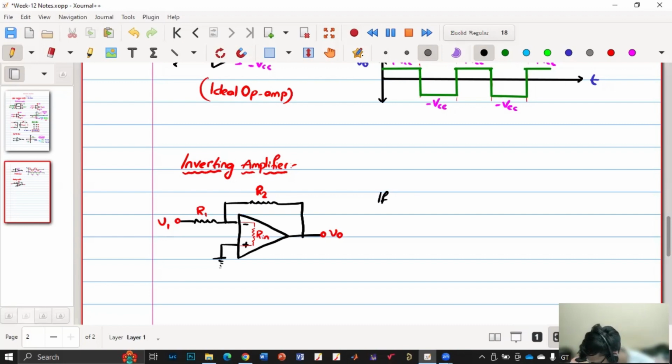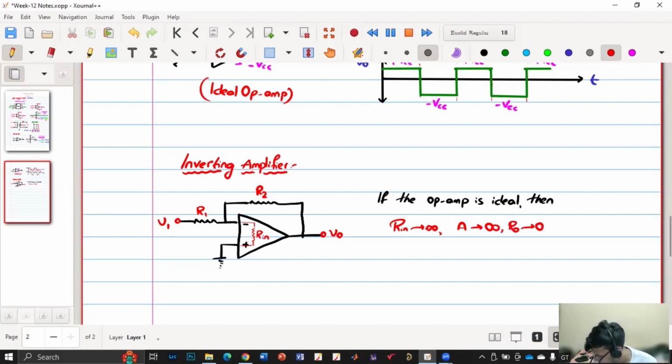Okay, so now what will happen? If the op amp is ideal, then we know that first of all, Rin will be tending to infinite and gain will also be tending to infinite. And R naught is 0.